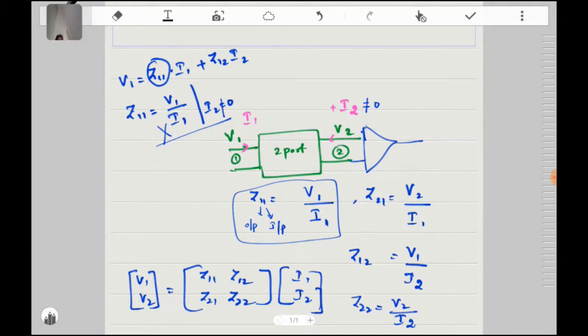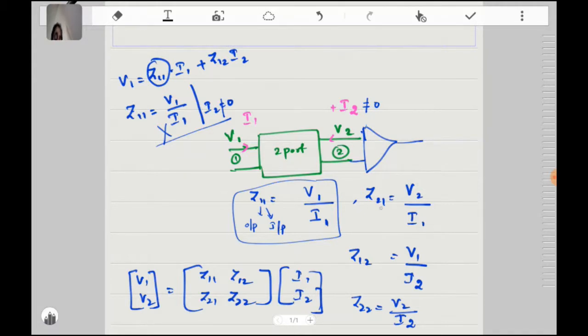So how do we get these Z parameters? From the linear algebraic equations and ratios. For easier convention, the first number is always the output and the second number is always the input. What is the voltage at 1 and what is the current at 1? That is V by I, Z11.